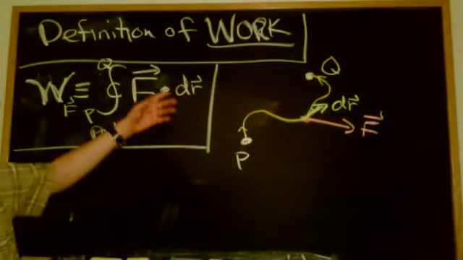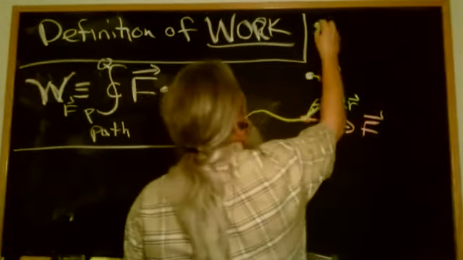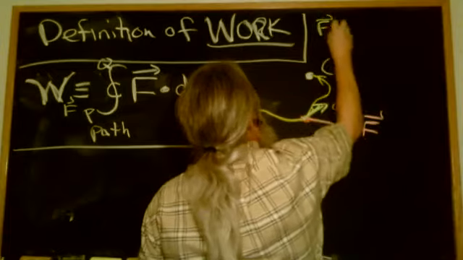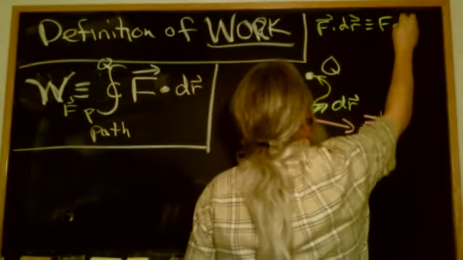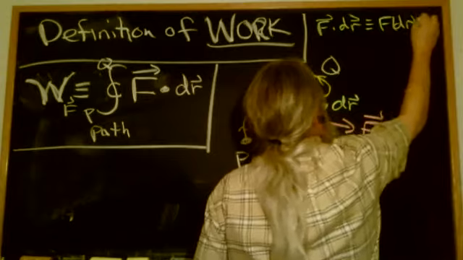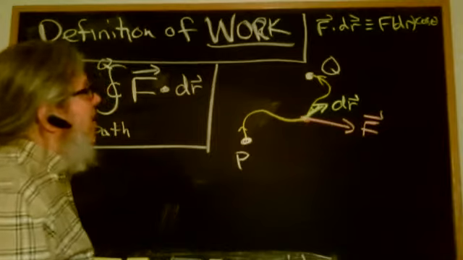Just to remind you, F dot dr is the same thing as saying the magnitude of F times the magnitude of dr times the cosine of the angle between them, cosine theta. Hopefully you can see that in the corner there.